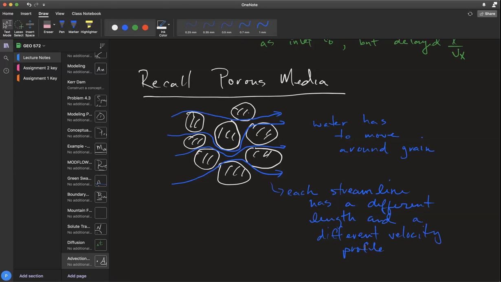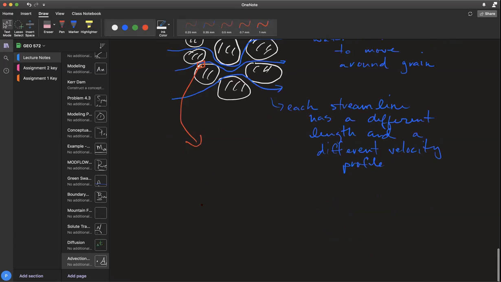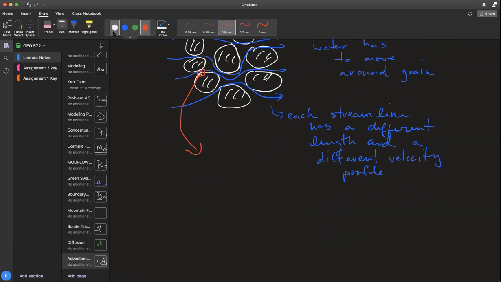If I were to zoom in even and think about, say, flow through this pore throat. So let's zoom in and just look here at flow through this pore throat. Here's our red box now at a different scale, right? And water's moving through here.